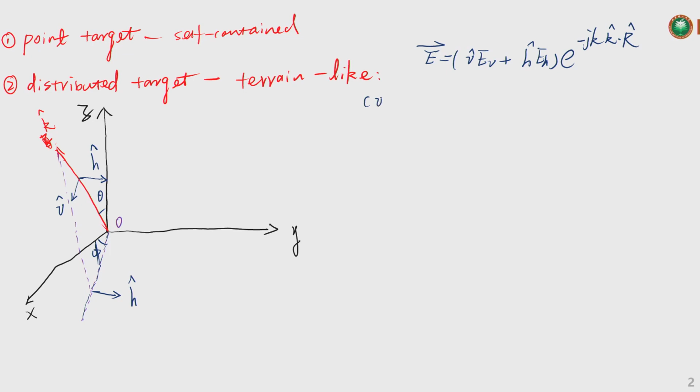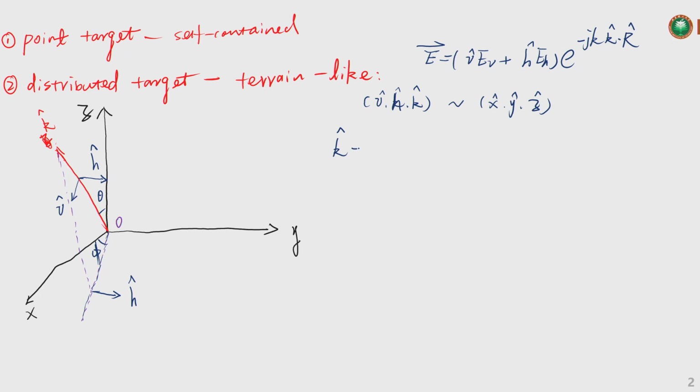Now we set the coordinate system of V, H and K to be the spherical coordinate system, and it can be related to the Cartesian coordinate system, X, Y, and theta. Then we can transfer from the Cartesian coordinate system to the spherical coordinate system.